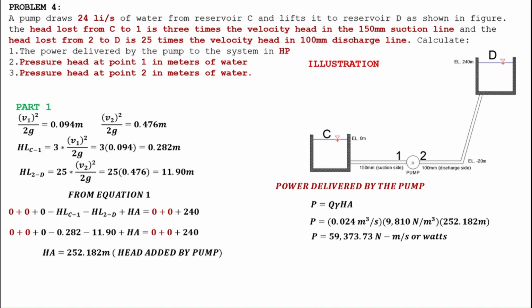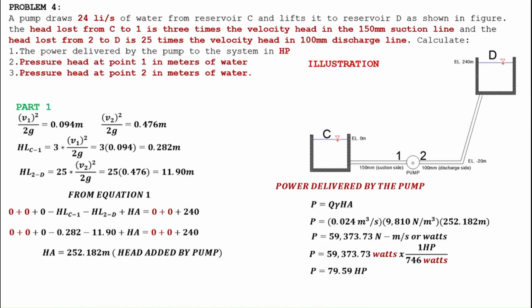This will result to a power of 59,373.73 watts. Since we are after the horsepower, we will convert this one. In 1 horsepower, there are 746 watts. Therefore our power delivered by pump is equal to 79.59 horsepower.